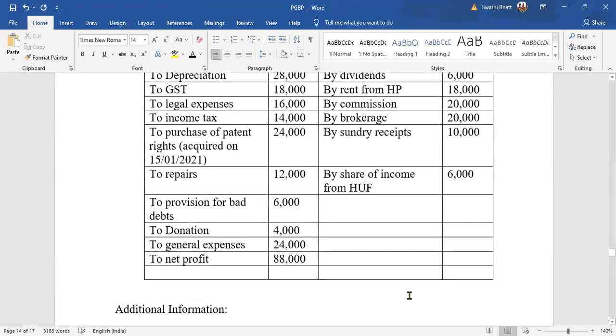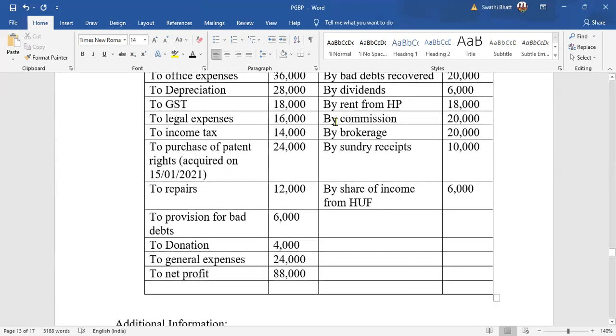The next ones that we have are commission, brokerage and sundry receipts. These three are related to the business itself. During the normal course of business, you give commission, you give brokerage, you receive commission, you receive brokerage. There would be some small incomes which you would receive. So these are all business income. If it is related to business, you ignore it.